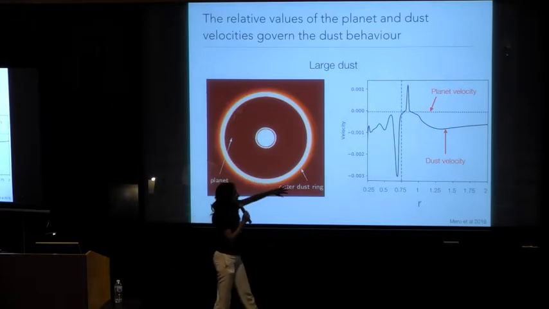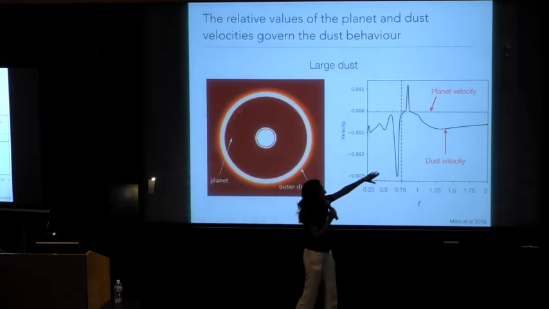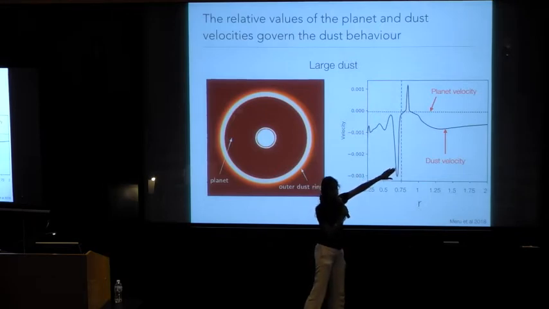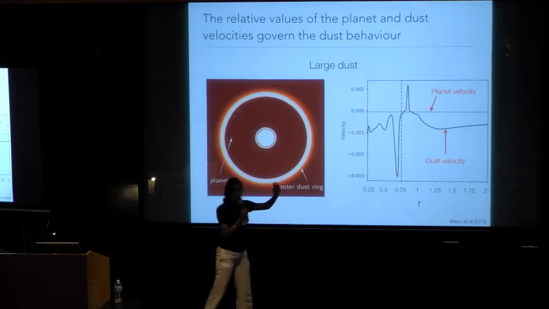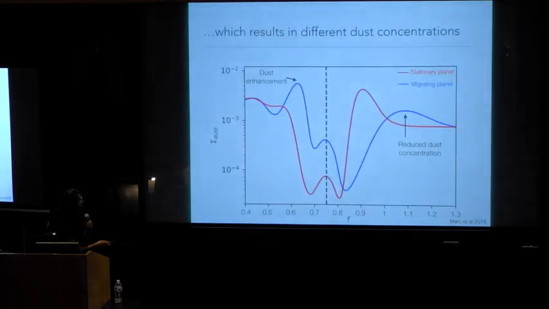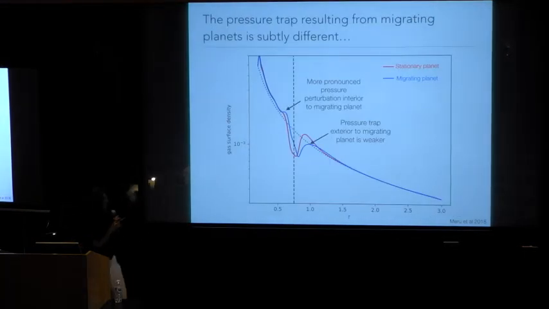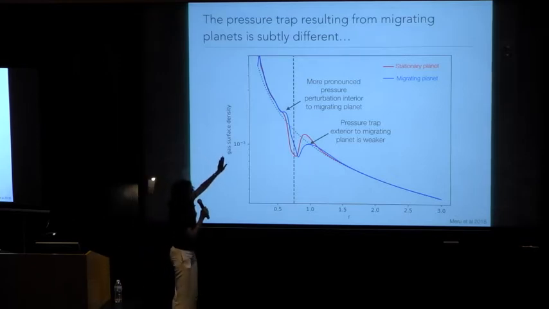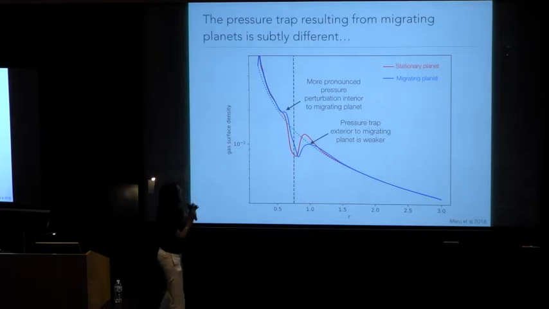On the other hand, in the inner part of the disk, this dust is just traveling way too fast. So it moves in, it collects in that pressure enhancement. I'm just going to go back a few slides to the pressure. So this is gas surface density, but it's equivalent to the pressure.